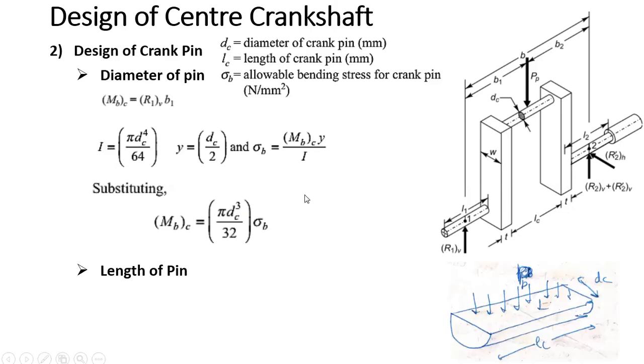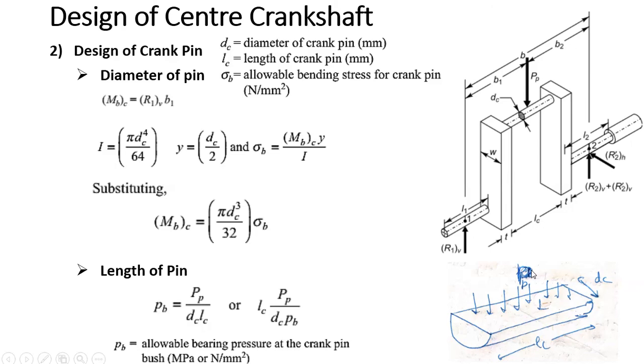When I talk about the length of the pin, I cut the section like this and assume there is a uniformly distributed load, or pressure. We know that pressure is equal to force by area. The force is PP, uniformly distributed along the length of the pin, and the area is DC into LC.